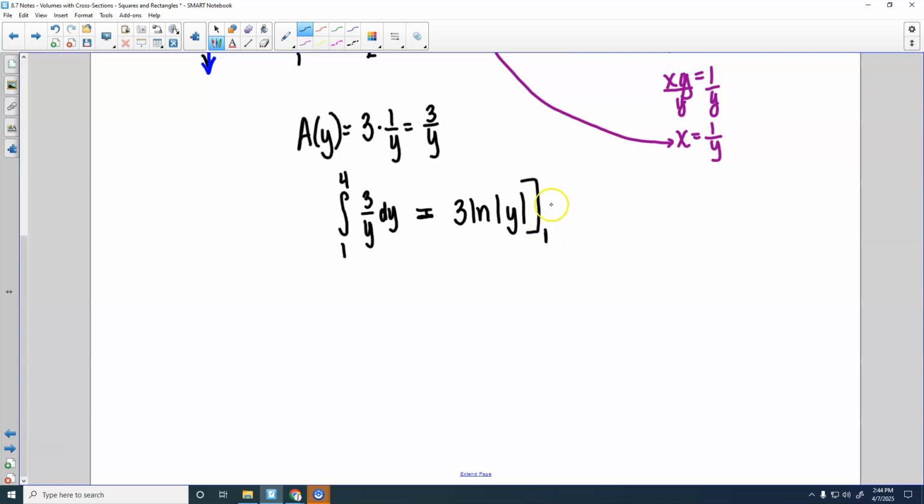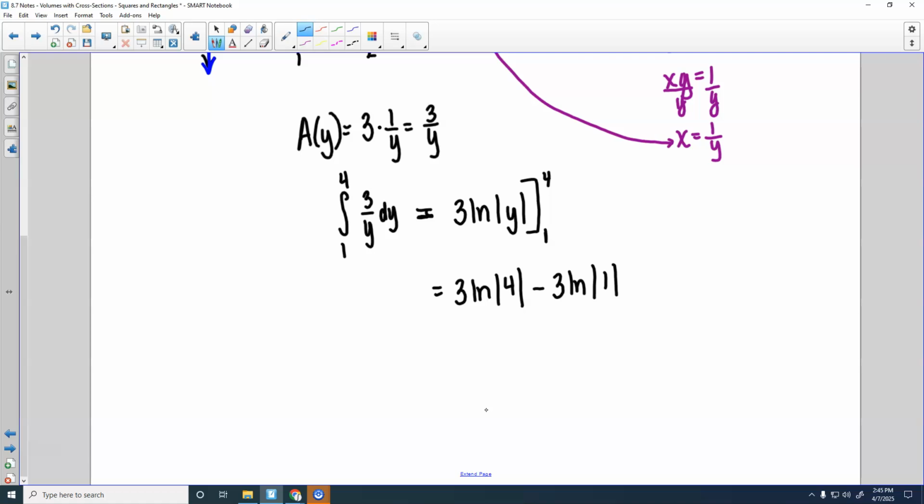We are evaluating this from 1 to 4, and so we'll get 3 natural log absolute value of 4 minus 3 natural log absolute value of 1. Absolute value bars are not entirely required there because 4 and 1 are both positive numbers, so if you left them off, that would be fine.